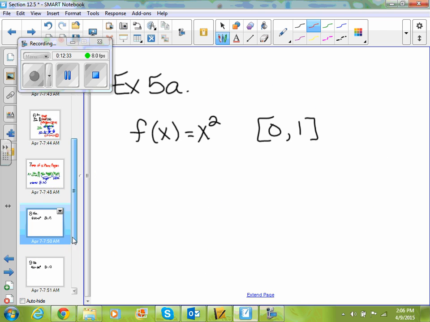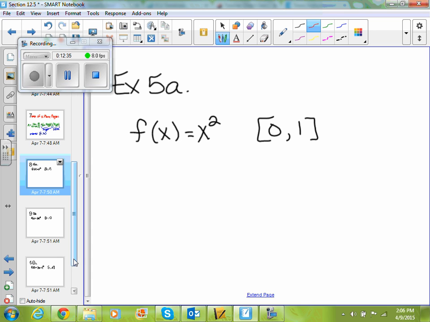Okay, so if I look at example 5a, I'm given f of x equals x squared, and I'm given an interval of 0 to 1. And I'm asked to find that area. First thing I'm going to do is find my height, which tells me to find f of a plus (b minus a)i over n.